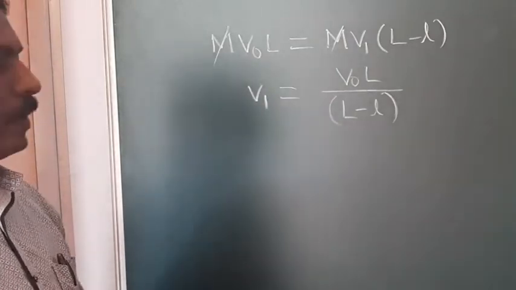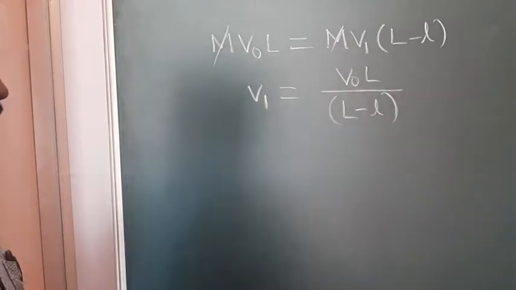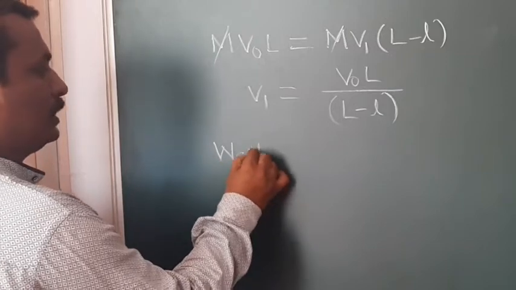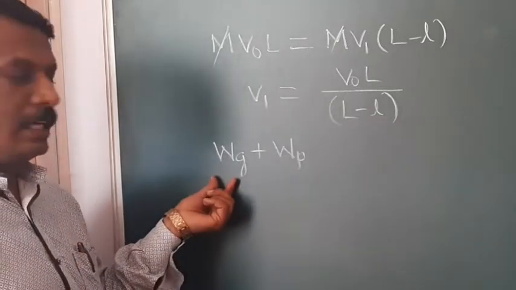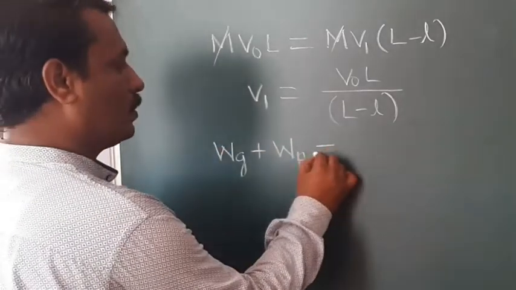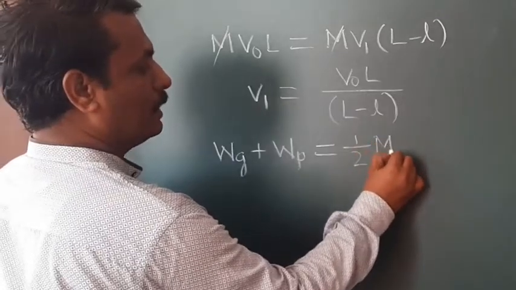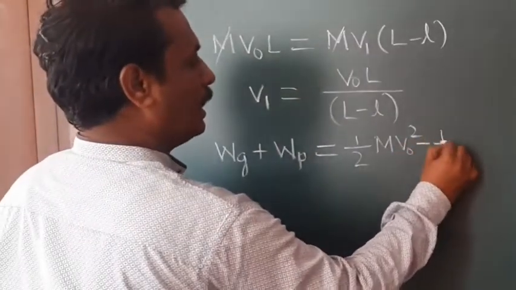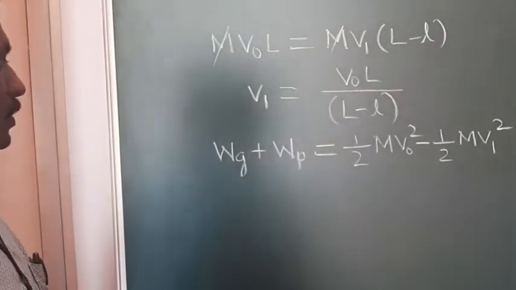Now we apply the work energy theorem. According to the work energy theorem, work done is equal to the change in kinetic energy. So here total work done can be written as Wg plus Wp, where Wg is the work done against the gravitational force and Wp is the work done by the person, equal to the change in kinetic energy. That is the kinetic energy when the person is sitting, 1 by 2 m v square, minus the kinetic energy when the person stands up, 1 by 2 m v1 square.